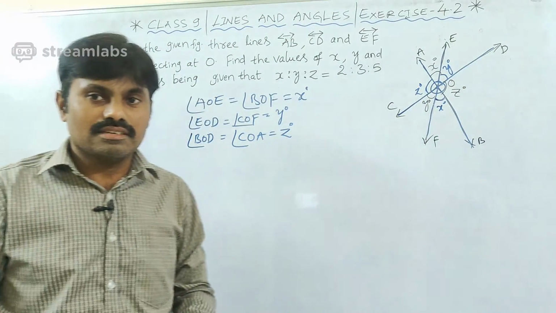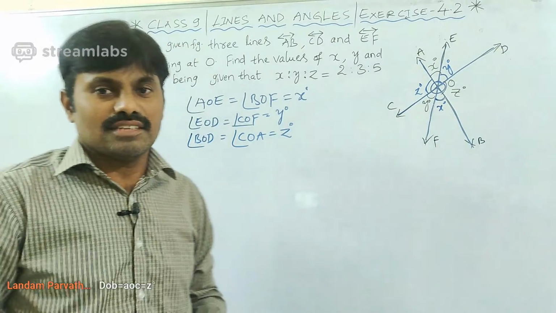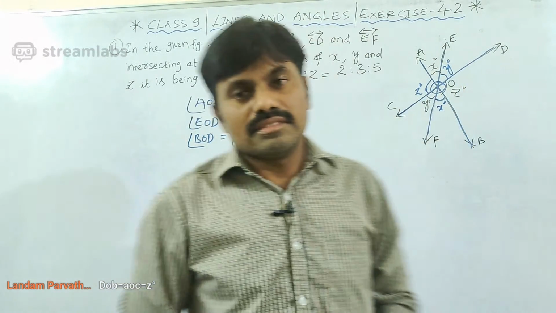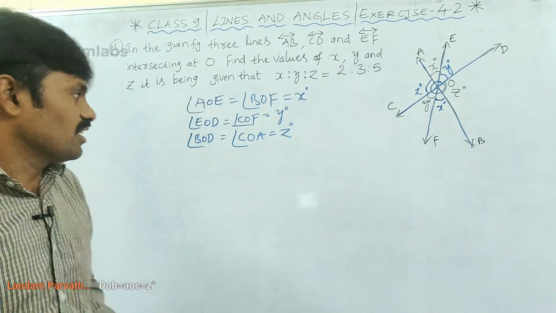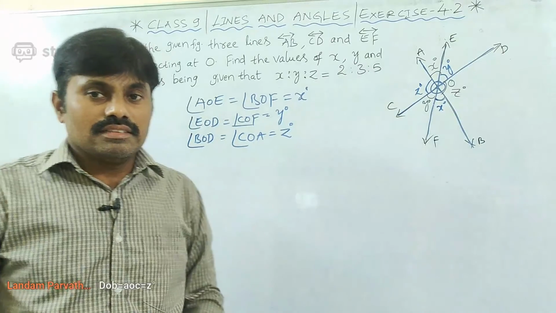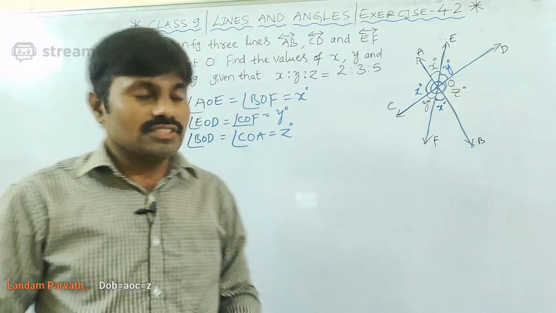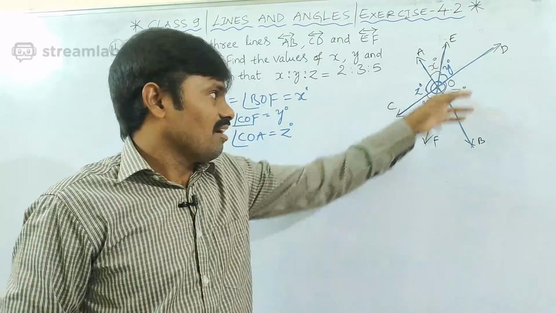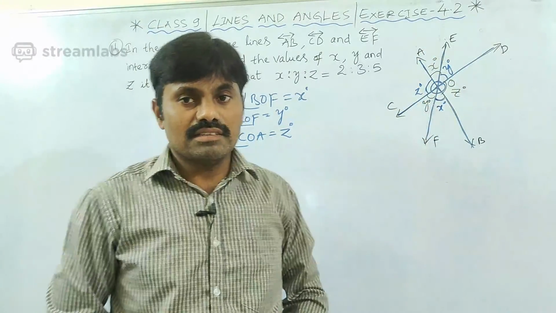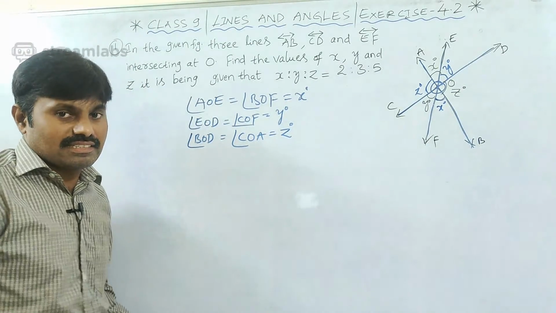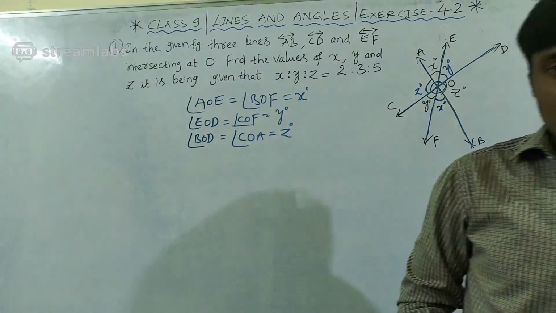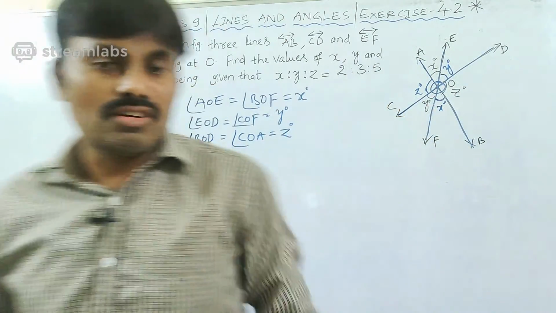So what is the measure of a complete angle? 360 degrees, is it? So the sum of all these angles is how much? The sum of all these angles is equal to 360 degrees.